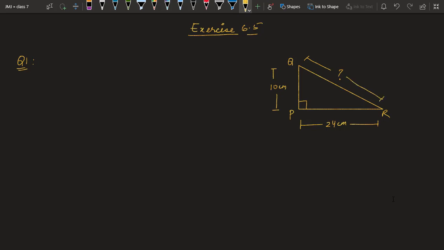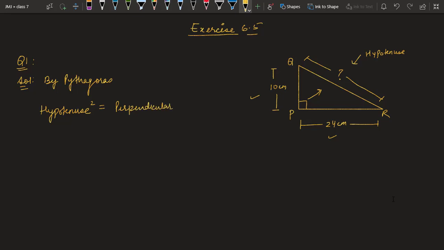We all know the side opposite to right angle is your hypotenuse. And we can take either of these as perpendicular and base. Okay, so let's start. By Pythagoras theorem, we all know that hypotenuse square is equal to perpendicular square plus base square.